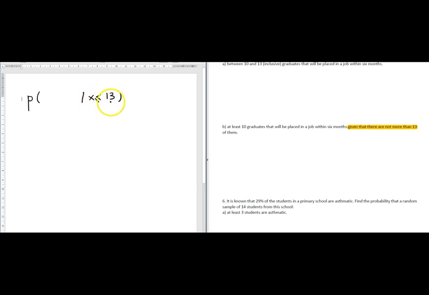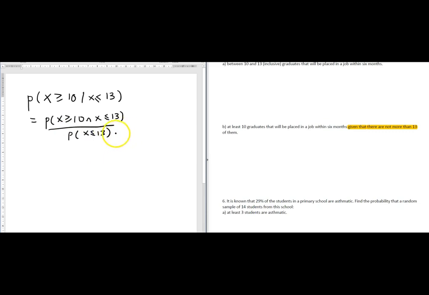The condition we put after the slash, and then you have at least 10 that will get the placement in a job. Then you apply the conditional probability formula: the intersection divided by the conditional.